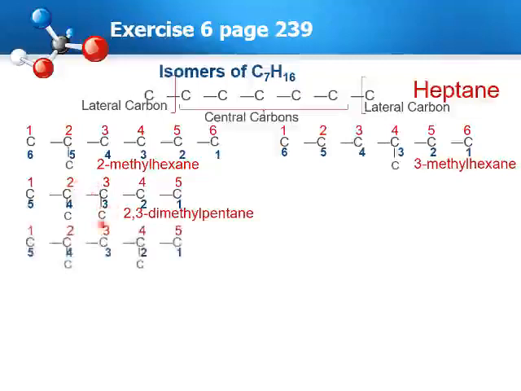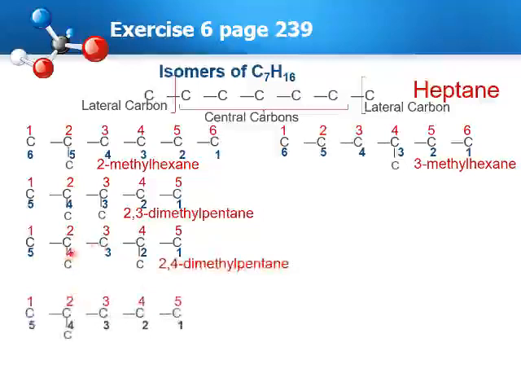We can now attach the carbon to this central carbon, and we obtain in this case the 2,4-dimethylpentane. We can attach it also to the carbon that already holds a methyl, and we obtain the 2,2-dimethylpentane.